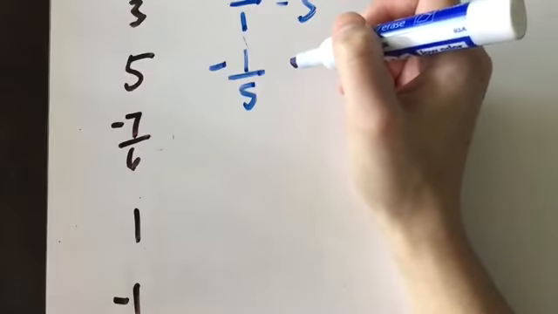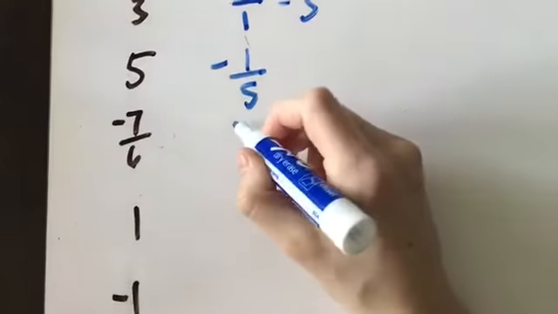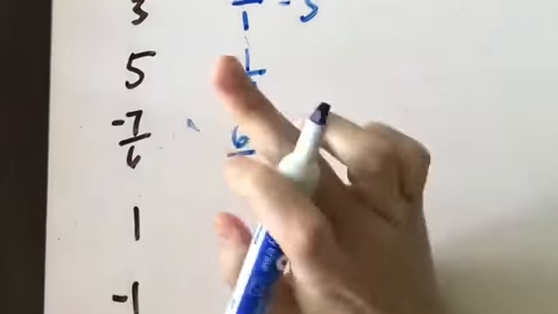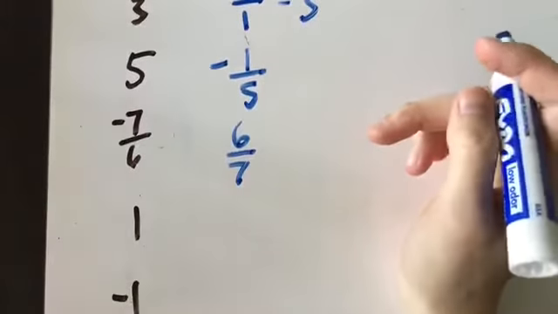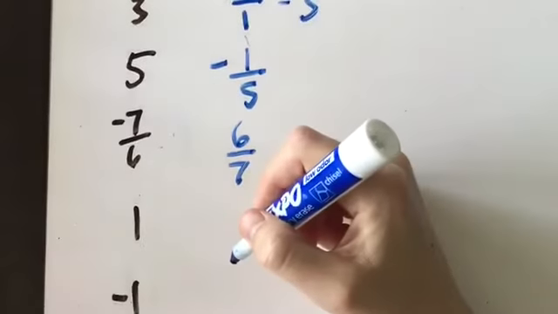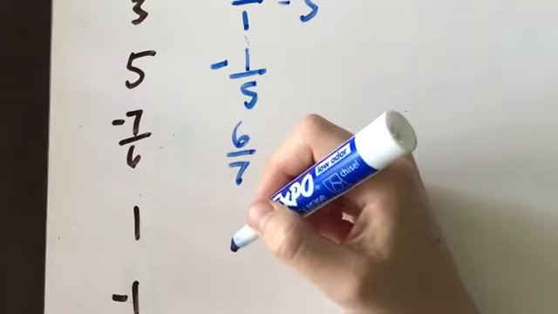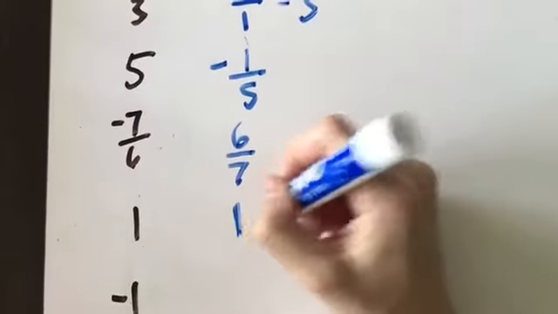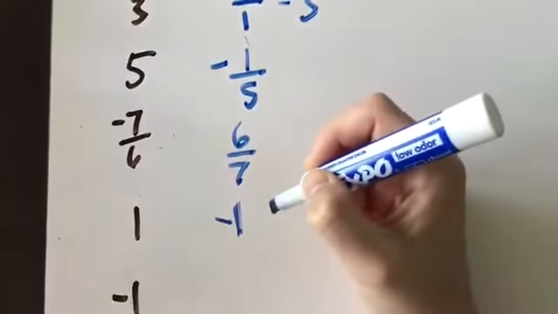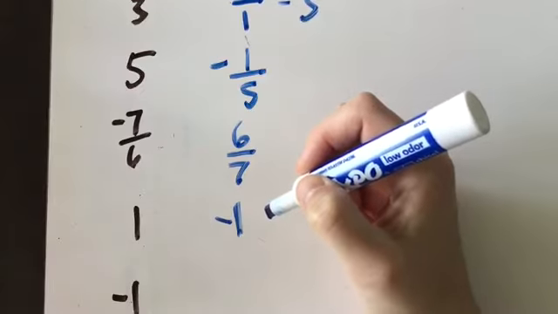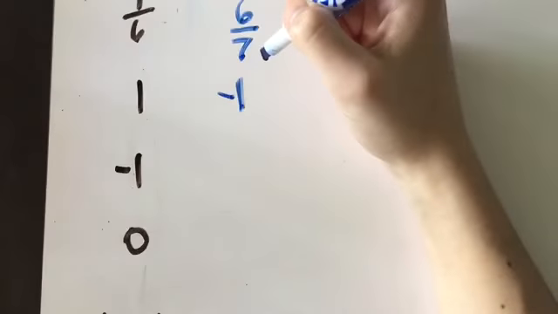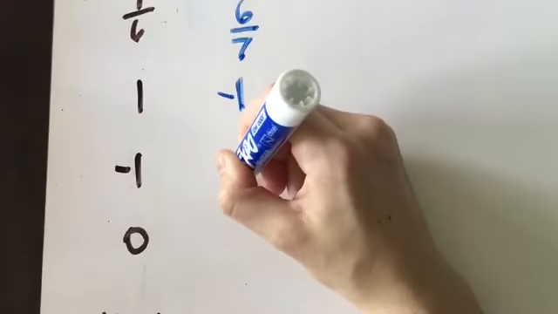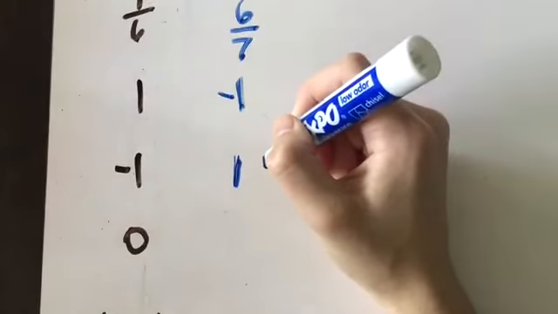Negative reciprocal of negative 7/6. Flip it. Change the sign. So you make it positive. The negative reciprocal of 1, right? 1 is 1/1. So when you flip it, it's still 1/1 or 1. And now change the sign. So the negative reciprocal of 1 is negative 1. The negative reciprocal of negative 1 is positive 1.